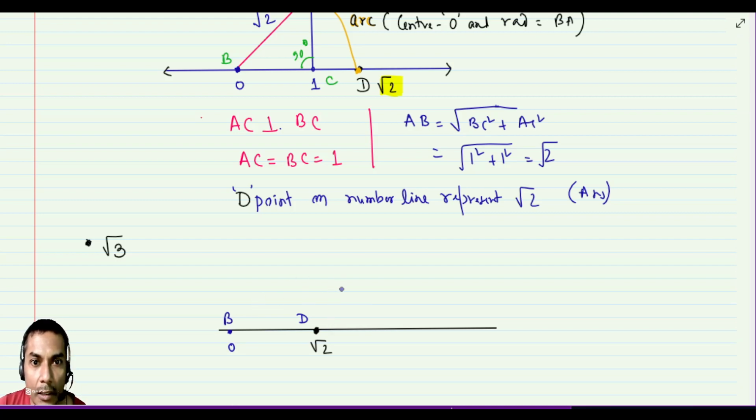And you draw one vertical line here, and it must be equivalent to 1. This is 1.